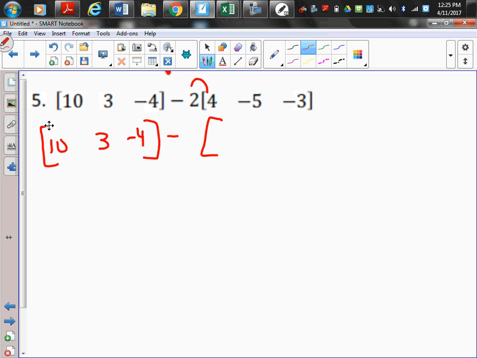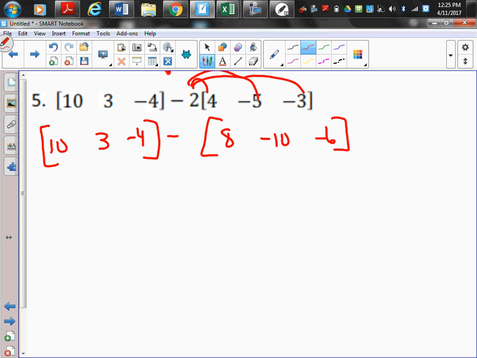Negative 2 times 4 is 8. Wait, so it's not negative? 2 times -5, -10. 2 times -3, -6. All right.